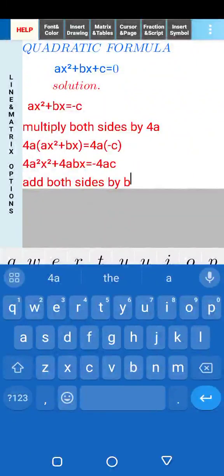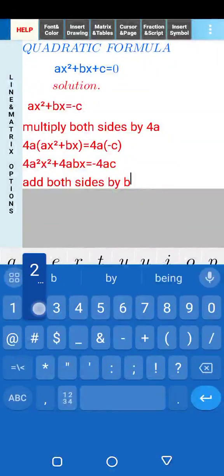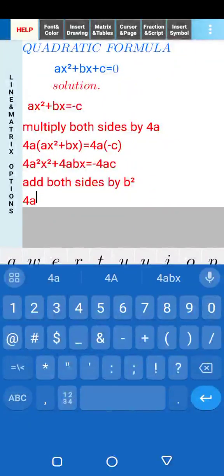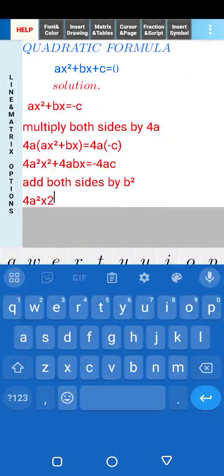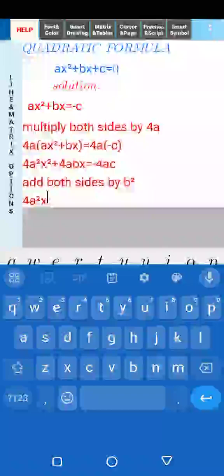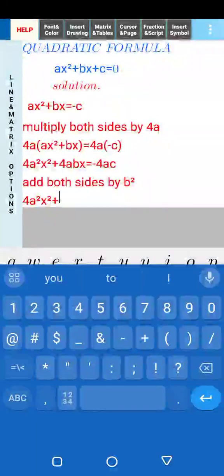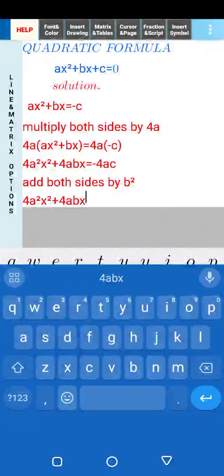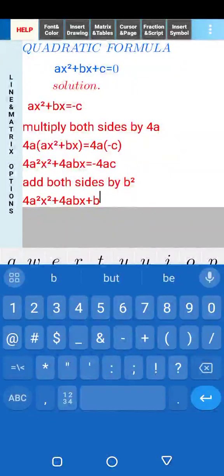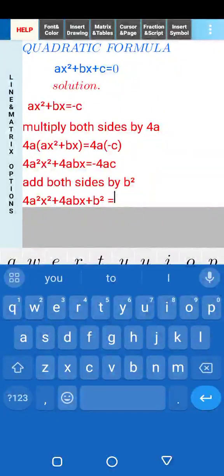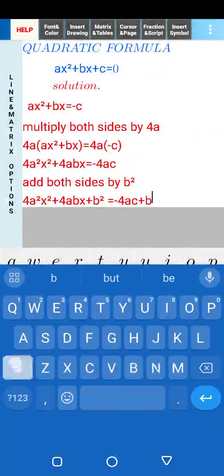That will give you 4a squared x squared plus 4abx plus b squared equals minus 4ac plus b squared.